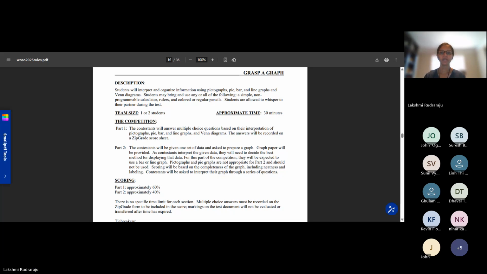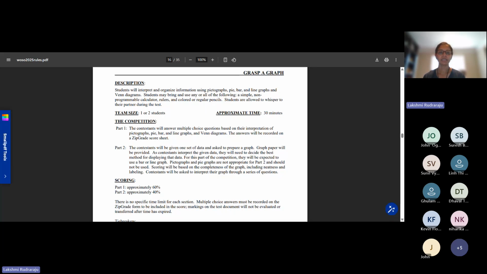And they can whisper. So when you are training the students and have them take the tests, follow this format, whatever is in the description in terms of rules. If you follow the format with students, it just gets easier when they come into the tournament.